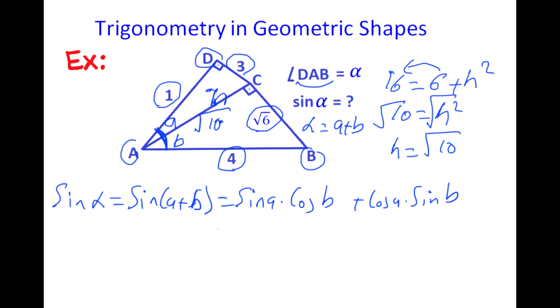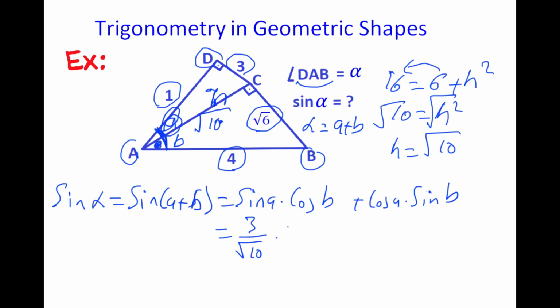So this is equal to, guys, sine A is, if you look at the situation from this angle's perspective, sine is opposite divided by hypotenuse, right? So it's going to be 3 divided by square root of 10, times cosine B, guys. This is the angle, and cosine was adjacent divided by hypotenuse.